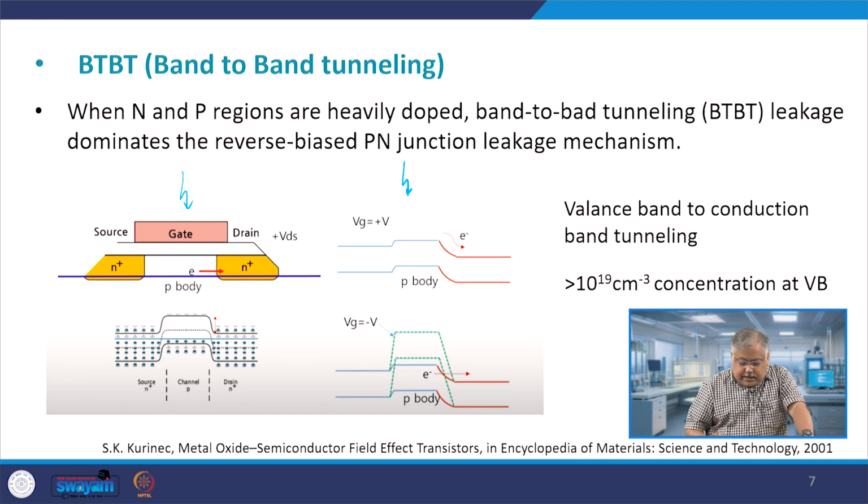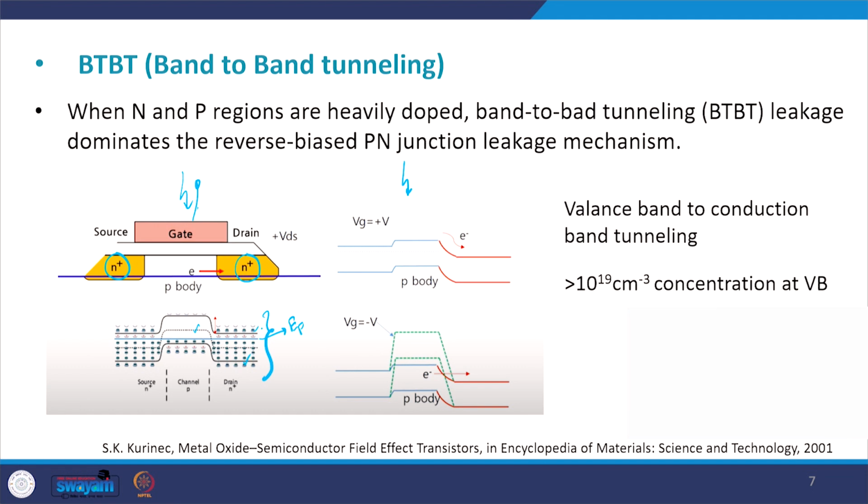Look at this graph, this one. I have this N plus region here, and another N plus region, and I have a gate voltage I am applying, with source and drain always there. If you do not apply any bias, they will be perfectly aligned with respect to each other. This is the intrinsic Fermi level, and the blue color is the Fermi level which you see, and this is the valence band, conduction band.